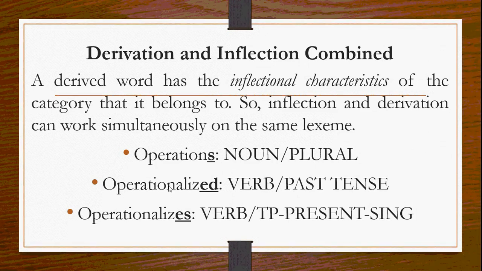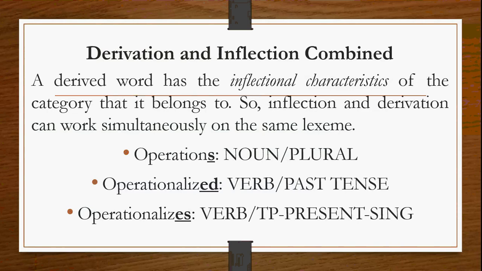So as you can see, derivation and inflection can happen basically at the same time. Those two types of suffixes, derivational suffixes and inflectional suffixes, they can be present sometimes in the same root or in the same base, basically in the same derived word.